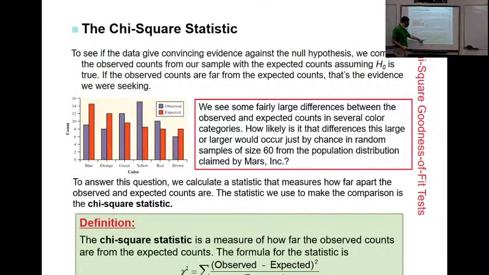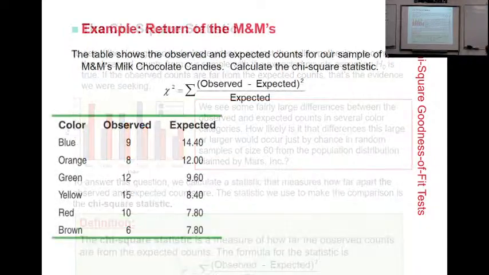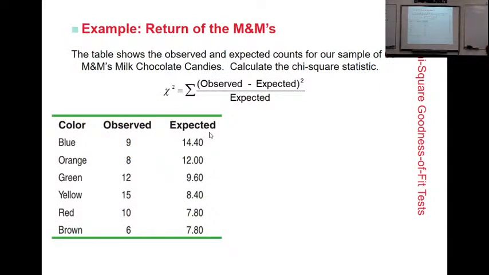It is the sum of observed minus expected, squared, over expected. That is your one big formula that we're going to use the whole chapter. So, there's the formula again.